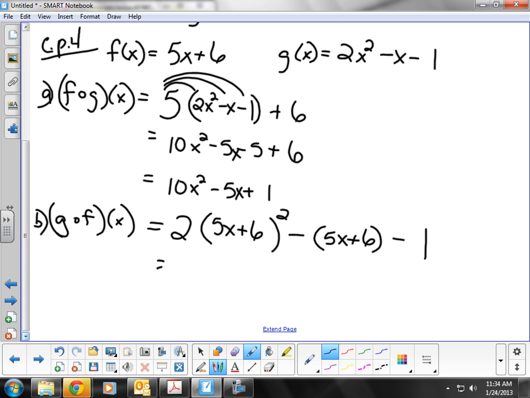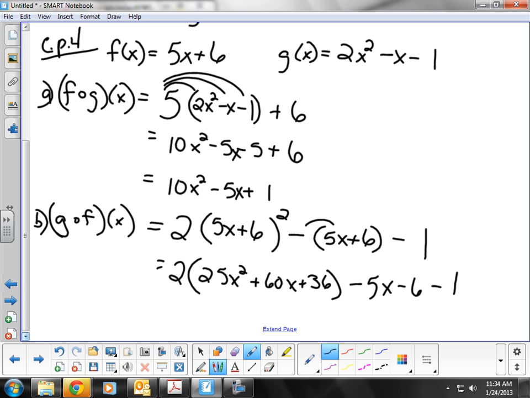5x plus 6 times 5x plus 6 is exactly right. So you'd get 25x squared plus 60x plus 36. Right? Formula is I square the first term, first times the second times 2 because there are 2 of them, and the last one squared. If I'm subtracting off of parentheses, I need to do minus 5x and minus 6, minus the 1.